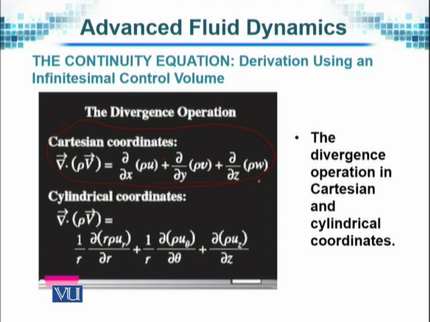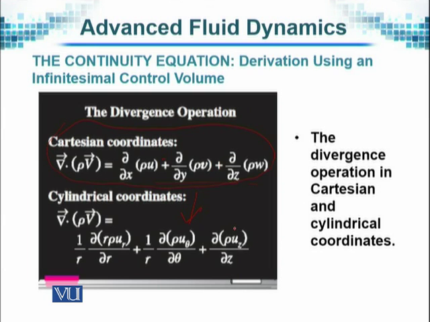However, if we convert it to cylindrical polar coordinates, then the same equation can be written in the form given below: 1 by r times the partial derivative with respect to r of r times u_r, the radial component of velocity, plus the angular component of velocity, which we denote by u theta, and the velocity component in the z direction.